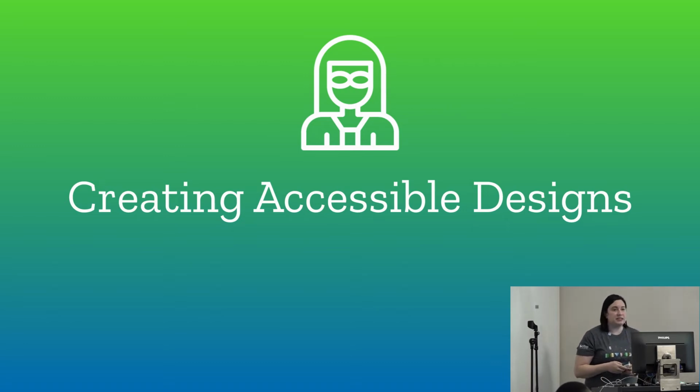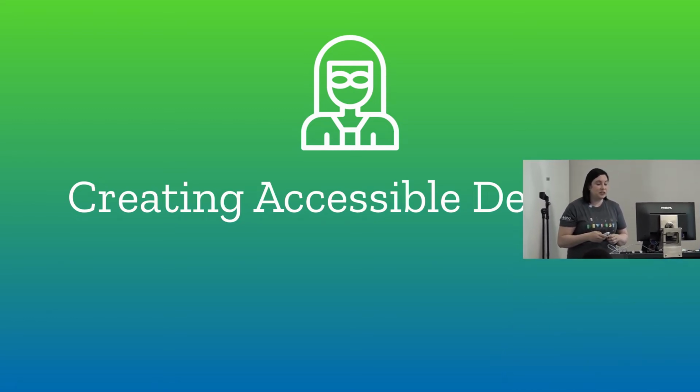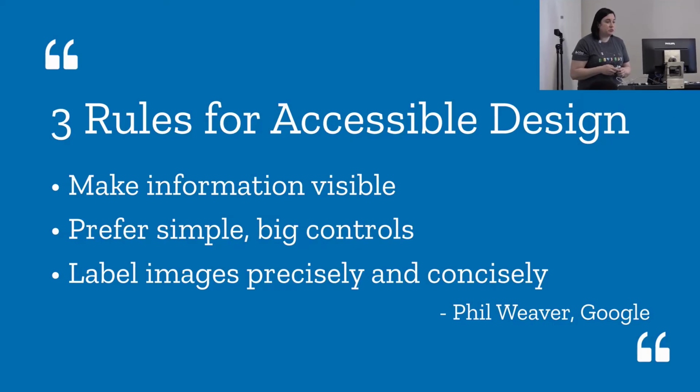So accessibility starts with design, and a designer with a real passion for accessibility can really create such a wonderful user experience for both abled and disabled folks. So Phil Weaver, the Android accessibility team lead at Google, who I secretly want to work for, don't tell anyone, recently gave 3 rules for accessible designs.